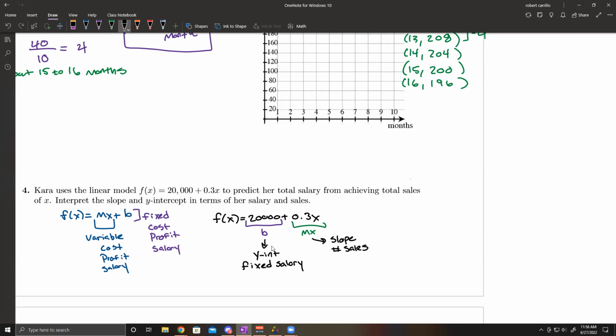So if she sells $10,000 in sales, she multiplies that by 0.3 and we add that on to the $20,000 she's going to make. So that's it. That's the interpretation. So slope is your mx. She's going to get 0.3 of every sale she makes, and that's going to be added on to her salary of $20,000. Okay, so that is just interpreting that function.